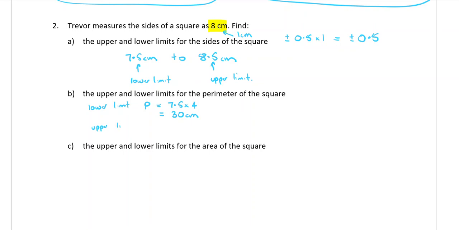The upper limit would be using the larger measurement, which is 8.5. And you times that by 4 to find the perimeter, which makes 34 centimetres. So simply by rounding the side of that square to 8 centimetres, the nearest whole centimetre, the error in that measurement means that the real perimeter could be anywhere between 30 and 34 centimetres.